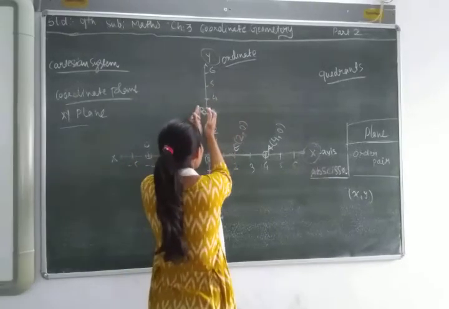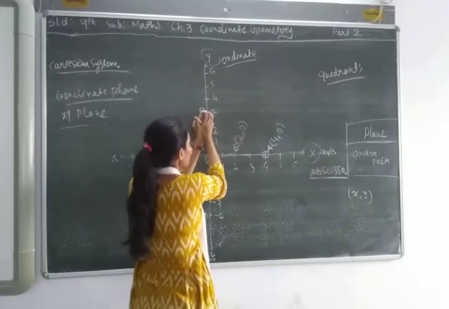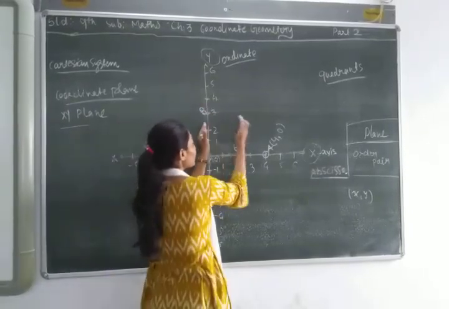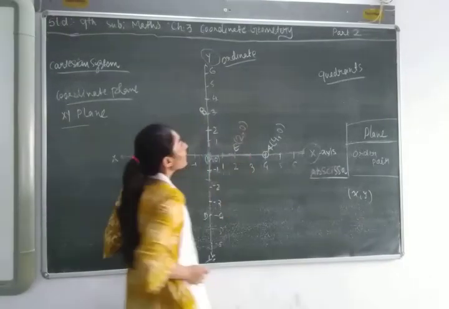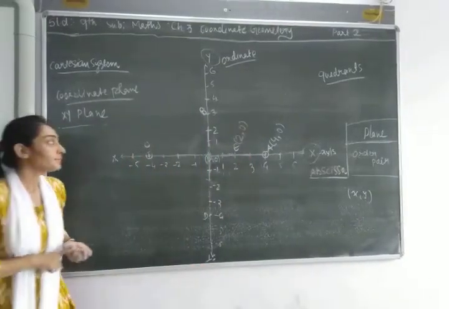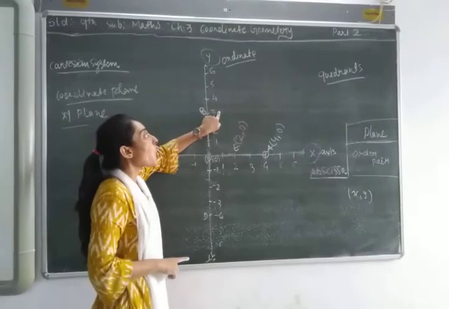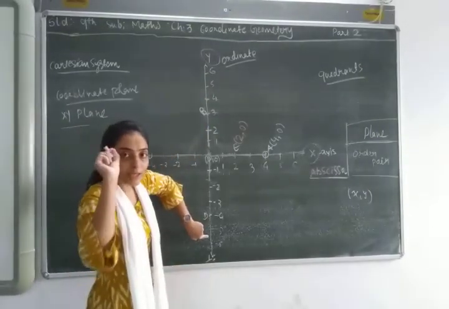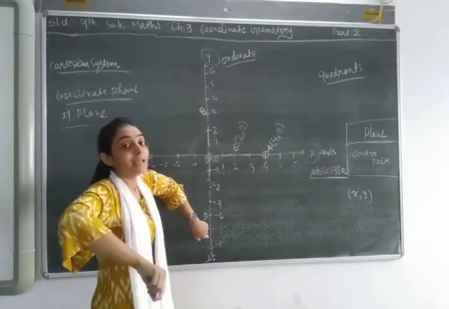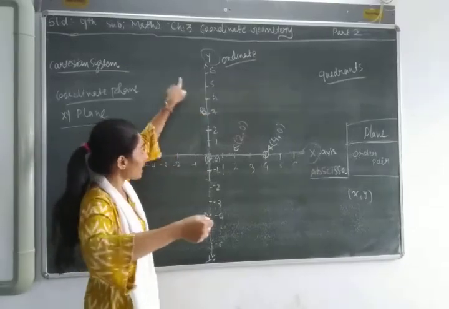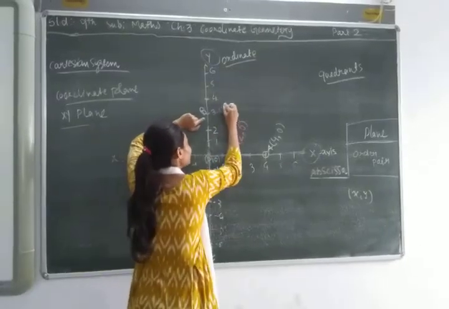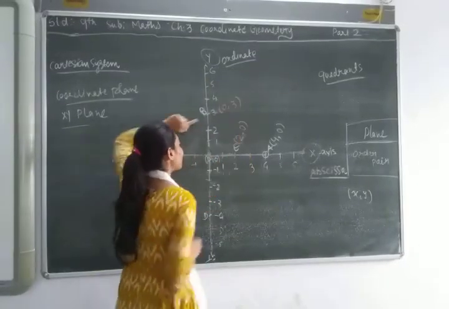But what about the y-axis distance? Can you able to draw a y-axis distance parallel line? No. So over here, a point lies on the ordinate, that x-axis is 0, so x is 0, y is 3.